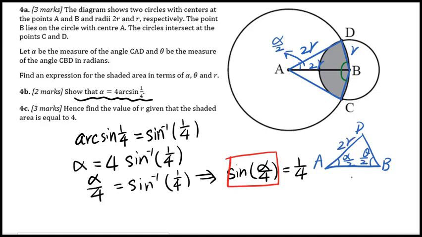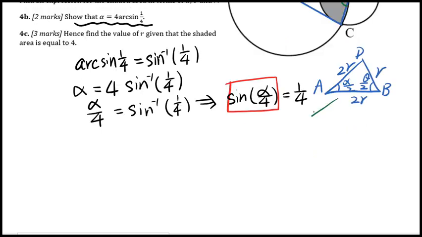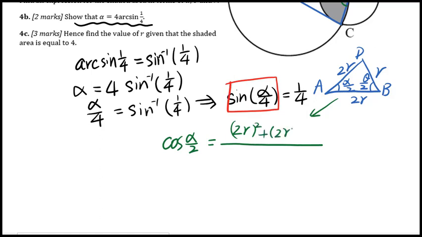We have 2R, 2R, and R. We can use the cosine law to figure out this alpha over 2. So from here, we get cosine alpha over 2 equals 2R squared plus 2R squared minus R squared over 2 times 2R times 2R. You will get 7R squared over 8R squared, which means 7 over 8.